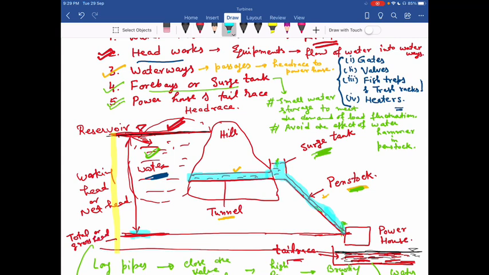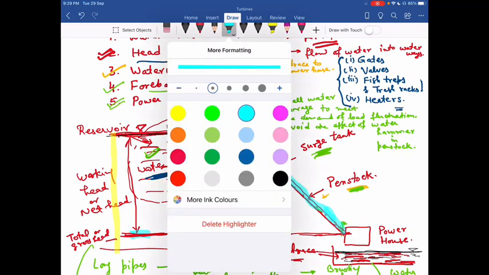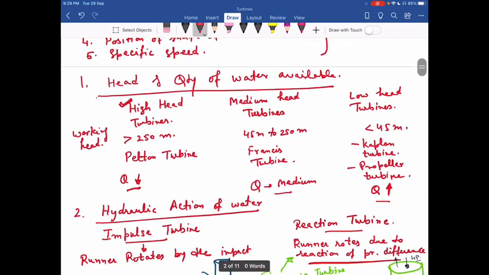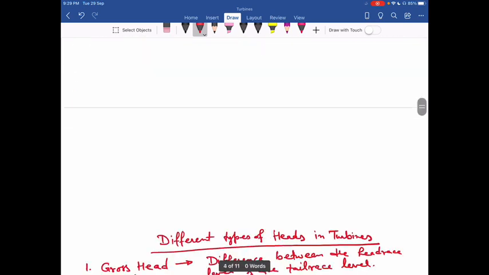Okay. And this height, okay, this is your net head, your working head, your available head, or effective head. Okay, so this is the difference between the two types of heads in the turbine.